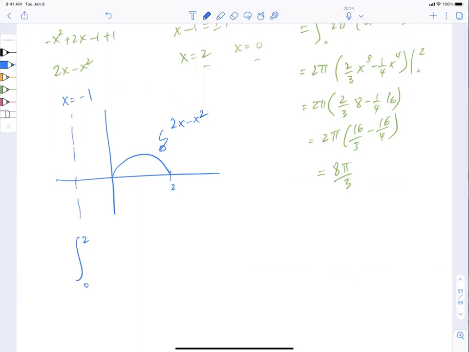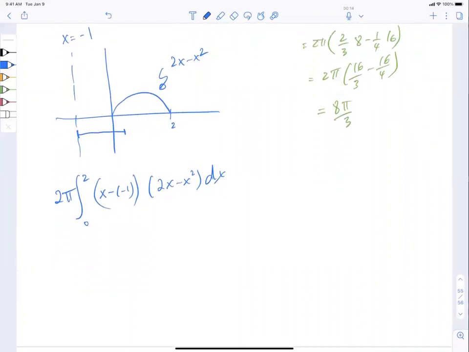But your radii would be from here to whatever x is. So it's going to be x minus negative 1, which is actually x plus 1. That's your radius. 2 pi is still there, and your height is still going to be 2x minus x squared. So this affects your radius, it doesn't affect your function part. It's just the radius part that changes.